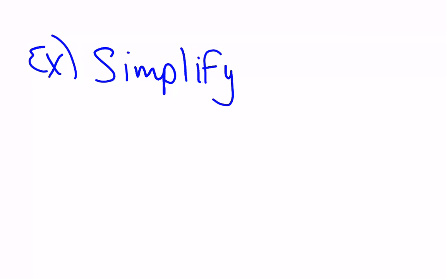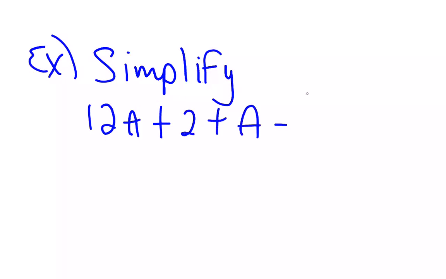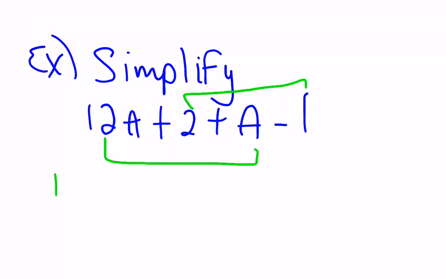Next example, simplify 12a plus 2 plus a minus 1. So we have a few things going on here. Notice we have some like terms here. So we have 12a plus a.